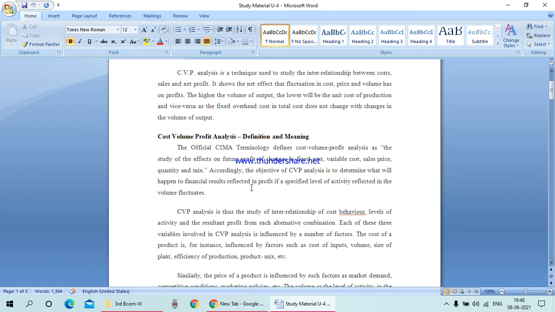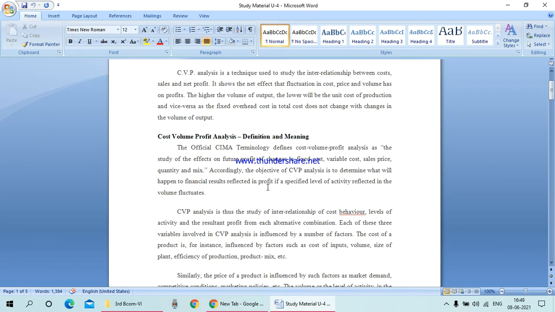The official Cost and Management Accounting terminology defines cost volume profit analysis as the study of the effects on future profits of changes in fixed assets, fixed cost, variable cost, sales price, quantity and mix.